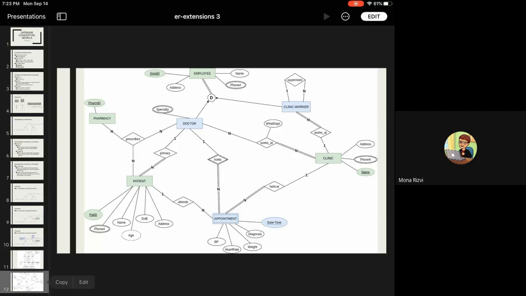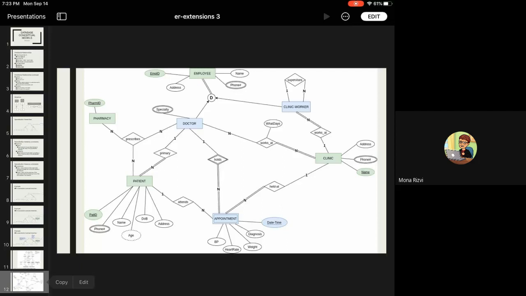And in here, we see that earlier we had employees and doctors as separate. But obviously that's not true. A doctor is a type of employee. But it's a very special type because a doctor participates in a lot of relationships that other employees don't participate in.